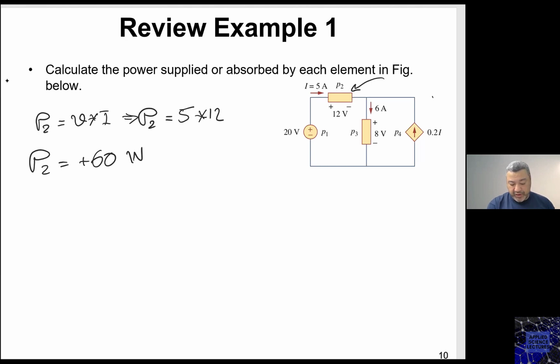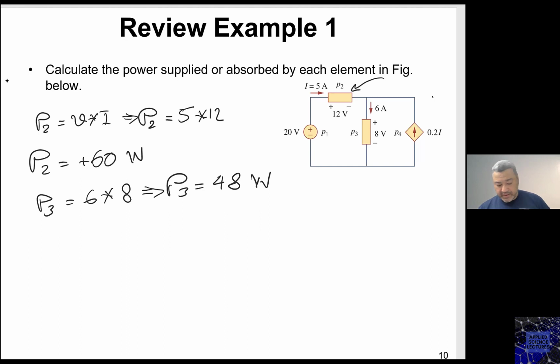What about P3? Also, I have the current in P3 entering. So in this case, 6 times 8, I have P3 equals 48 watts, right?